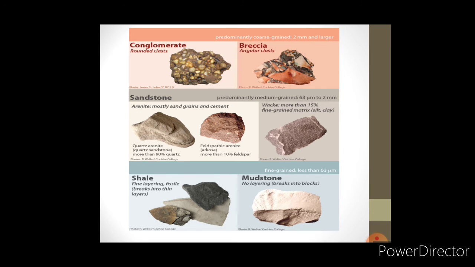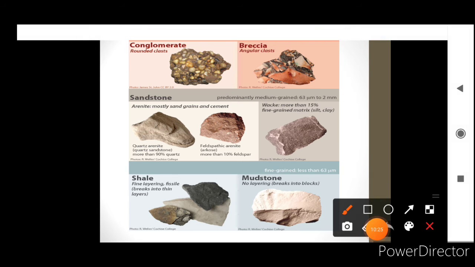You can see in the picture how many pebbles, sand and gravel are cemented together with minerals like silica and calcium carbonate, CaCO3. These are the minerals we can find in conglomerate.